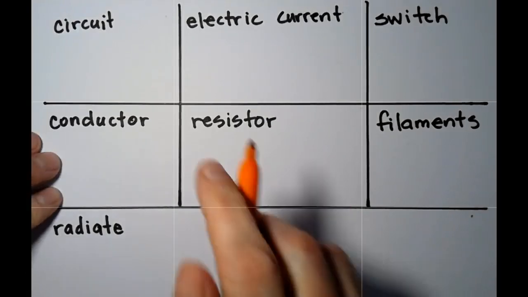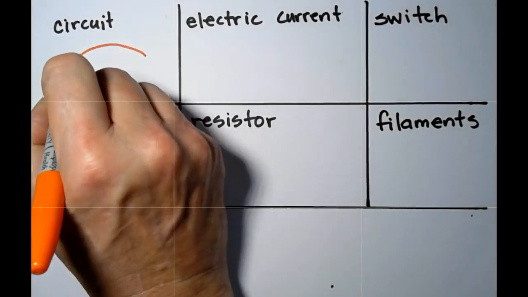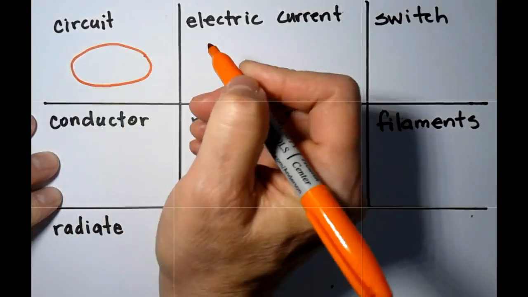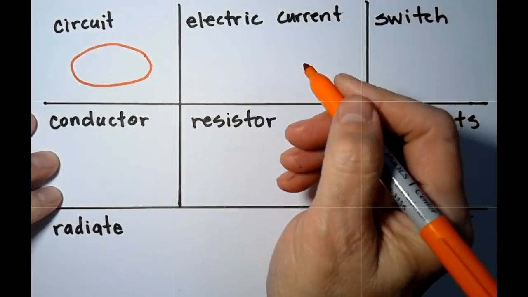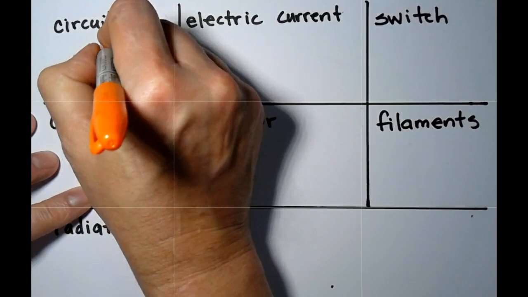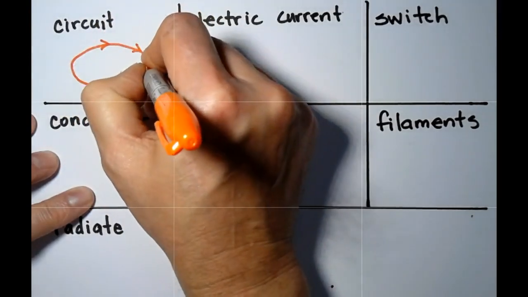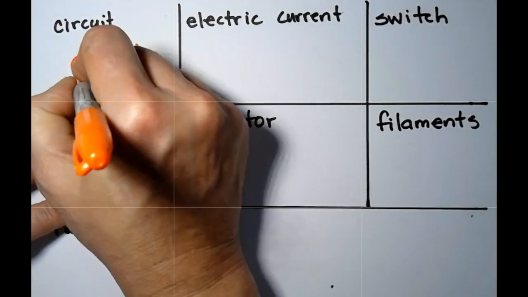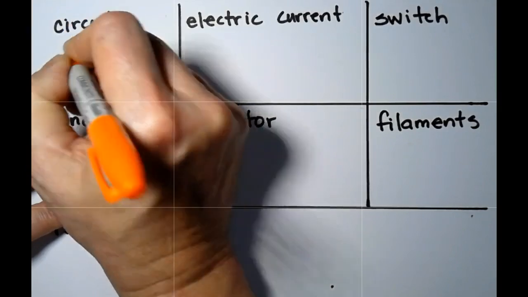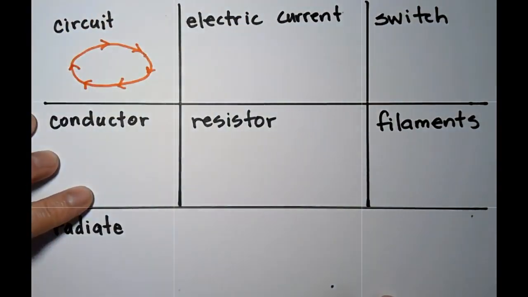And we said that a circuit was a loop or a path along which electric current flows. So it's going to flow in the same direction, and as long as there's nothing to interrupt it, it's going to keep making that circular pattern, and it's going to continue to flow.